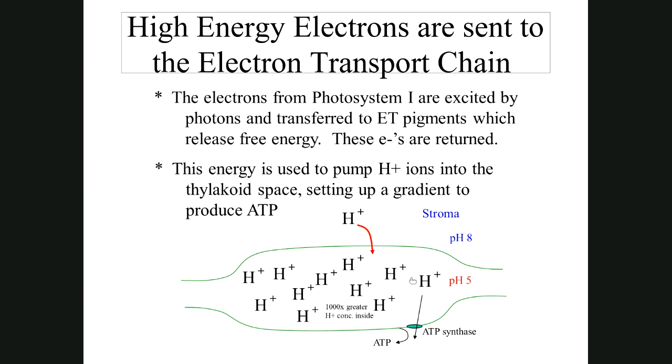We're going to see in a little bit that right here, where it has ATP synthase, there is a chemiosmotic apparatus in the membrane of the thylakoid disc. Hydrogen ions can zip through that chemiosmotic apparatus in the presence of ATP synthase, and ADP is rephosphorylated to make ATP. So we'll see that again.